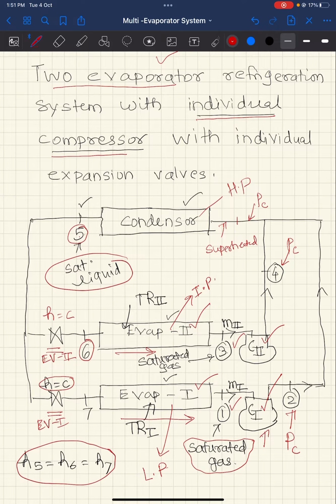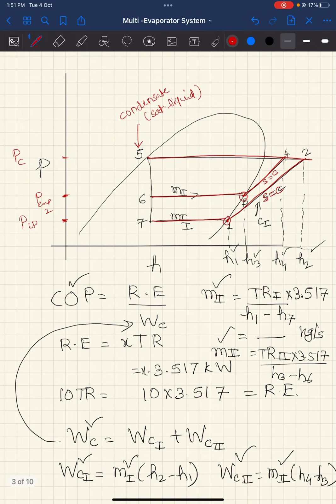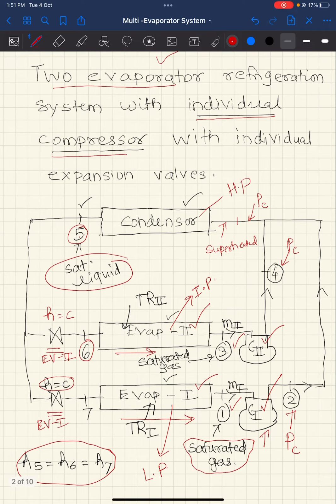This can be seen clearly from the pressure enthalpy diagram: 5 to 6 expansion and 5 to 7 expansion. You see the enthalpies at 5, 6 and 7 are the same, so this is a vertical line. Then they enter the respective evaporators. From 7, it is wet, it enters the evaporator and comes to state 1.